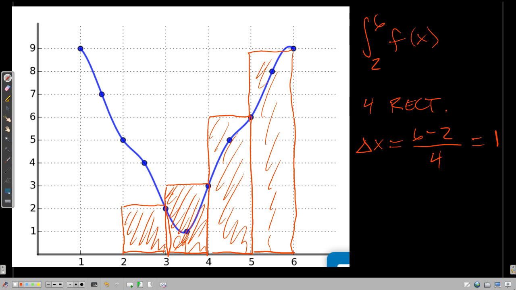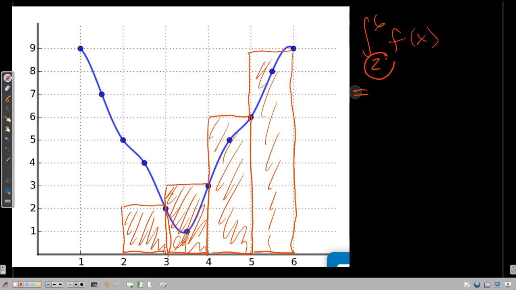That's a right Riemann sum of 4 rectangles. And without even looking at the drawing, we would know that the first rectangle does not have a height of f of 2.